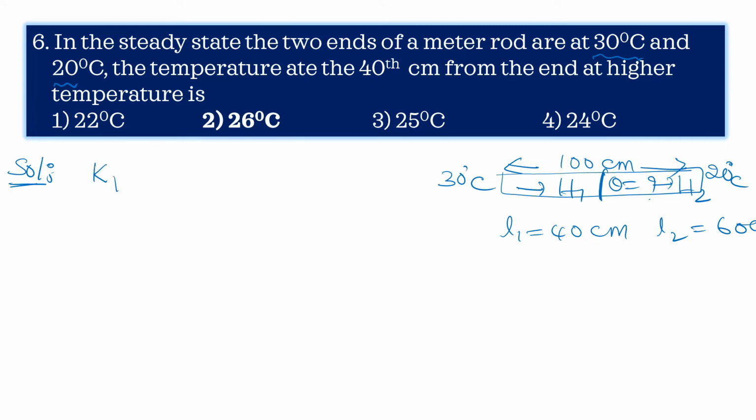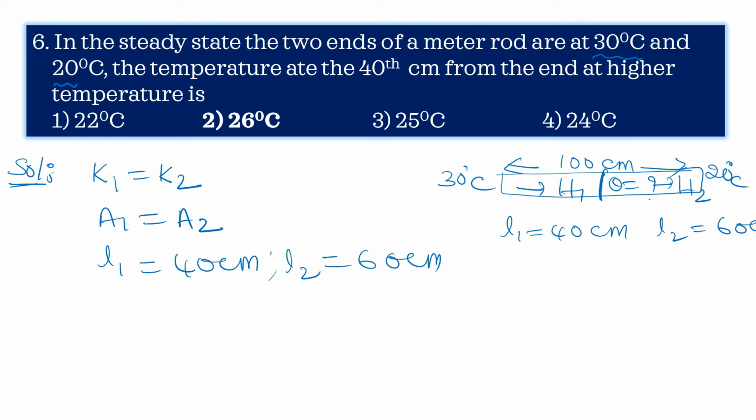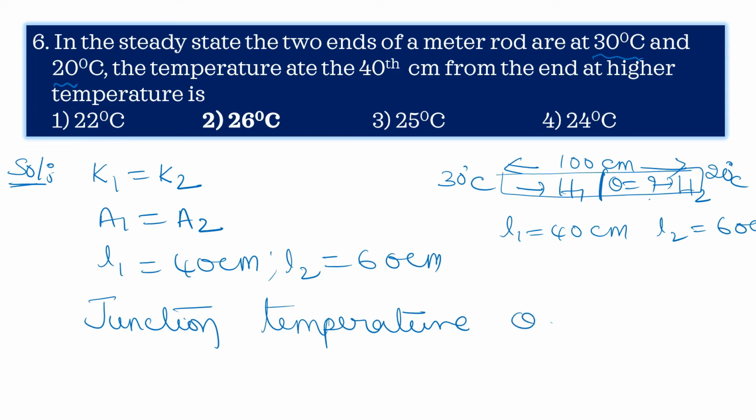So K1 is equal to K2 and the areas are also equal. A1 is equal to A2, L1 is equal to 40 centimeter and L2 is equal to 60 centimeter. Junction temperature theta we have to calculate.